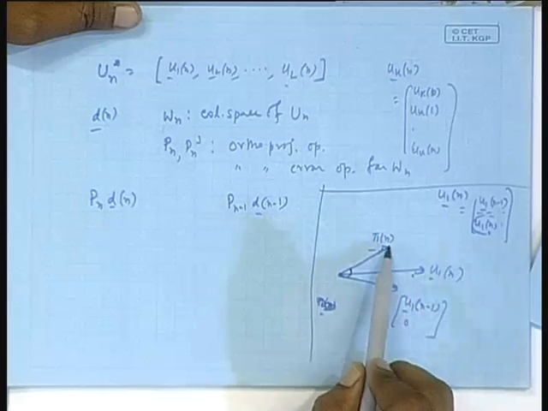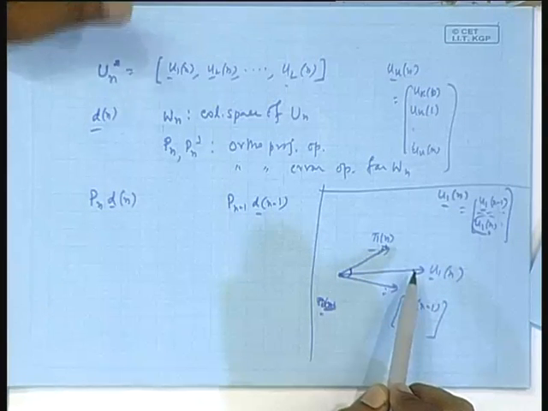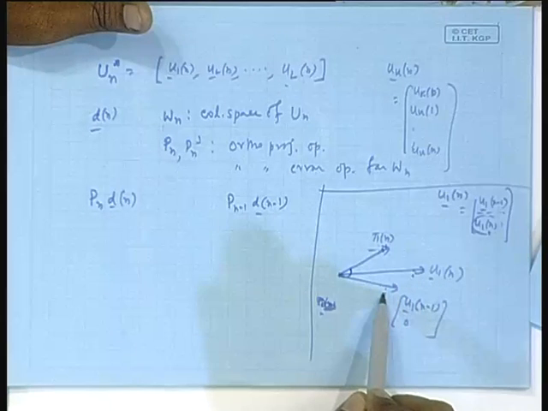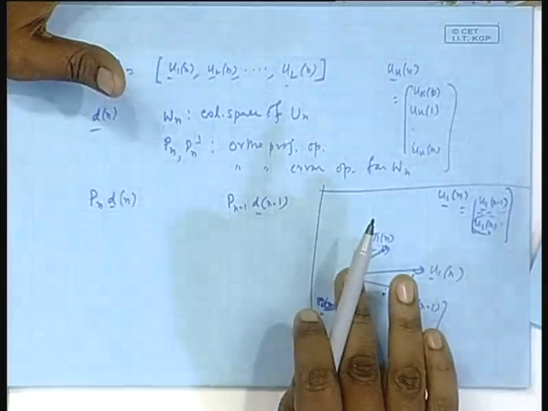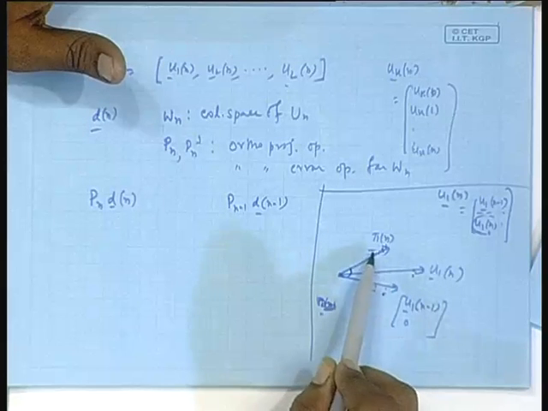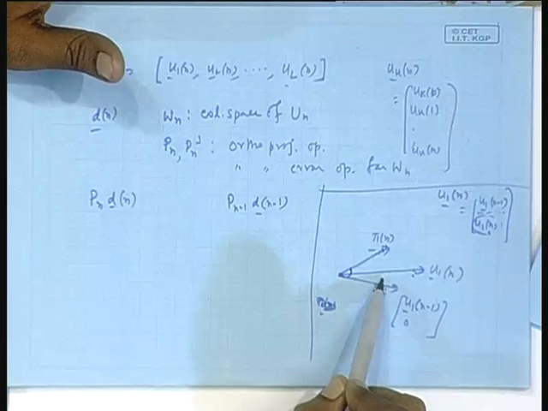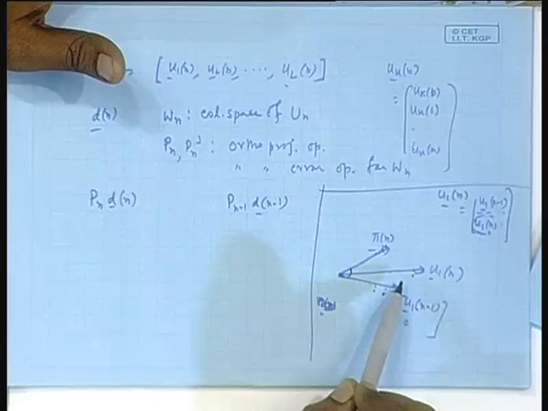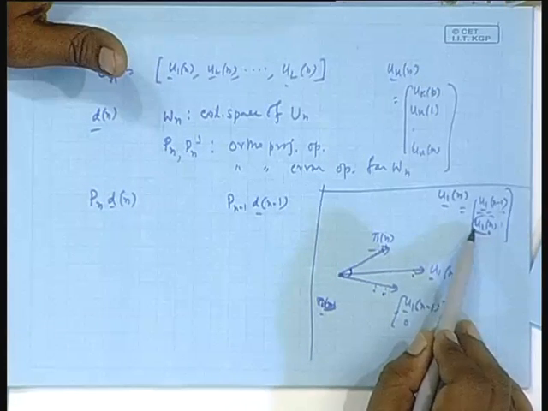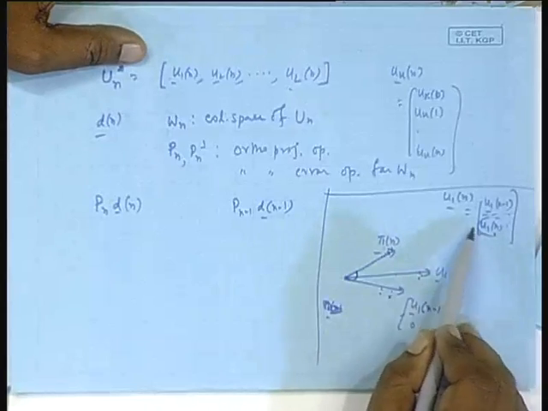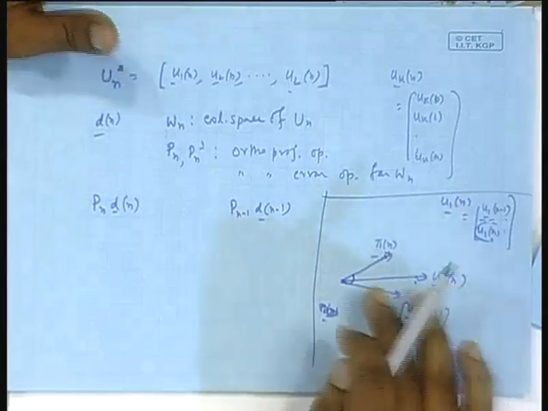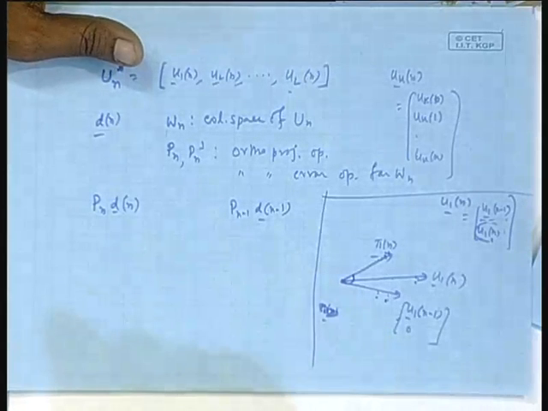So the space spanned by pi n and this is contained in the space spanned by pi n and u 1 n. Alternatively, this vector again is a linear combination of these two. How to get it from these two? Take the last one, reverse the sign, multiply pi n by minus u 1 n, and add the two. The last entry will cancel, and you get the 0 entry.